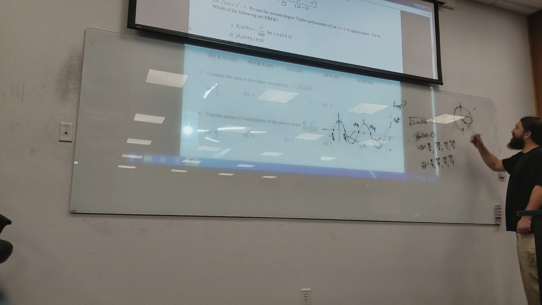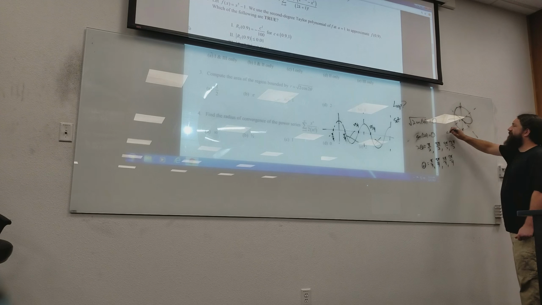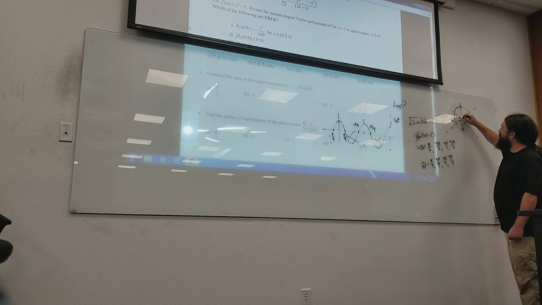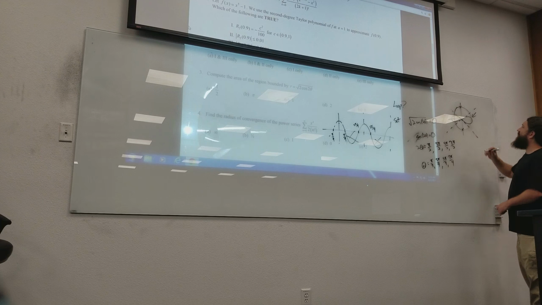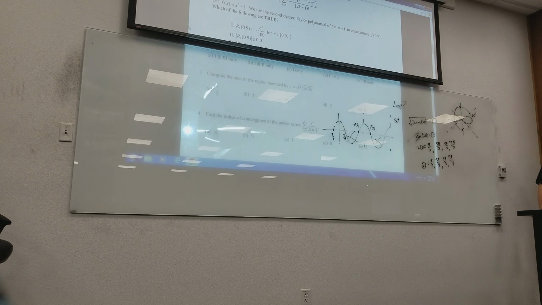Now, in between 3 pi over 4 and 5 pi over 4, I'm also going to have a positive loop that's going to come out like that. So I think what I'm going to get is like this figure 8 kind of a shape. So, if I want the complete region bounded by this, I've got 2 pieces, right? So I would say, let's find the area of this guy and multiply it by 2. I don't know if both choices are going to be on there, but let's be careful that we get both of them.